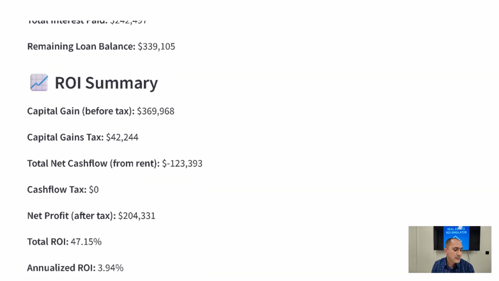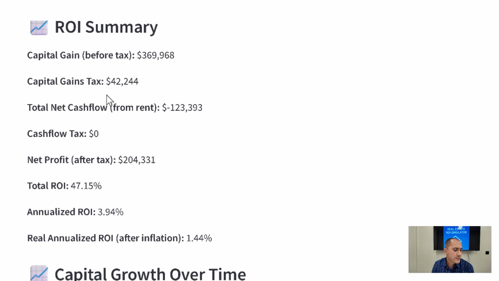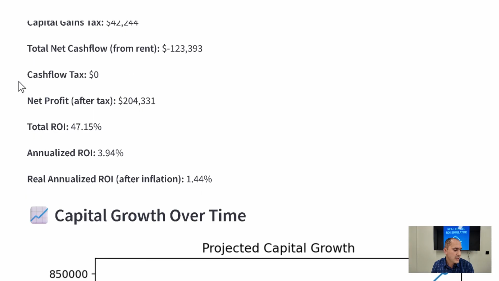So here, first thing you see is capital gain, how much you gain on that capital after 10 years of investment, and how much tax you're supposed to pay on that gain. A total net cash flow is shown here also, which is negative here, and it's not a surprise that it's negative because loan repayment most often outweighs the rental income. So it's a negative number here, and tax on it would be zero.